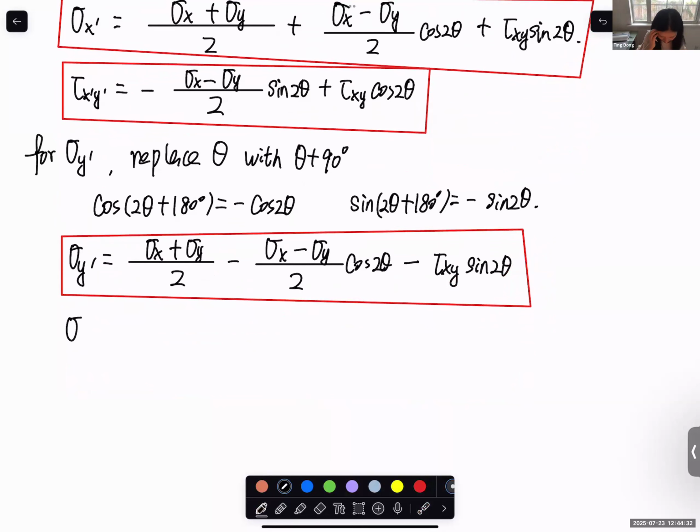And this is the same after we expand to the 3D situation. So in the 3D situation, we have sigma x, sigma y, sigma z. And after rotation of the cube, we have sigma x prime, sigma y prime, sigma z prime. Normally, we would use the eigenvalues of a 3x3 matrix to calculate that in a more advanced class, but the conclusion is the same. The sum of the normal stresses should be maintained the same.